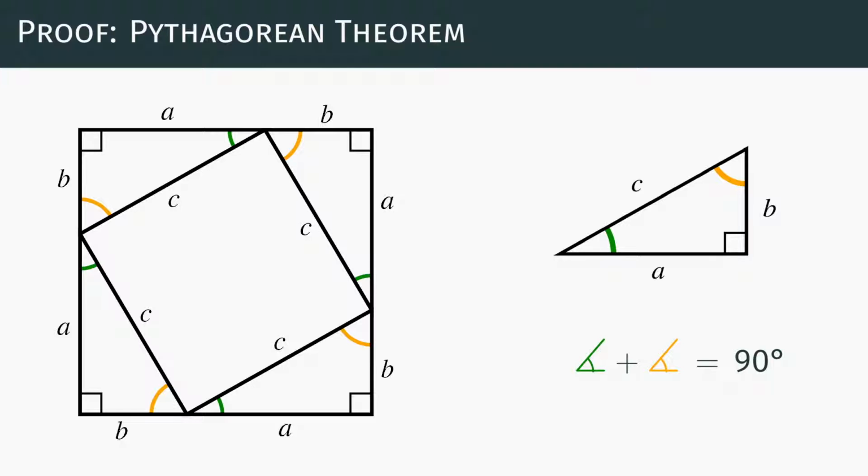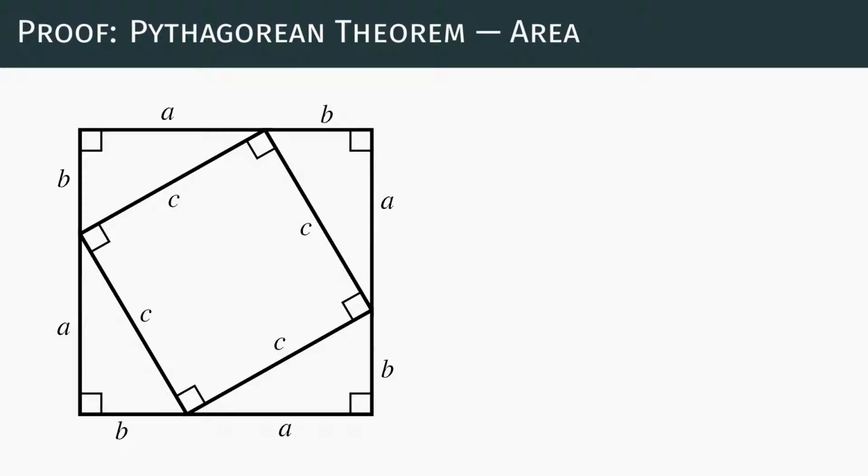A line makes an angle of 180 degrees, so that inner square shape for all of its corners has to be the remaining 90 degrees to make that 180 degree line, right? We know those 2 angles from the triangle add up to 90 degrees, so what's got to be inside is another 90 degrees so that we can add up and make a straight line of 180 degrees like we set it up. So at this point, we have our right angles on the inside, so we do have a square shape on the inside, we have a square shape on the outside.